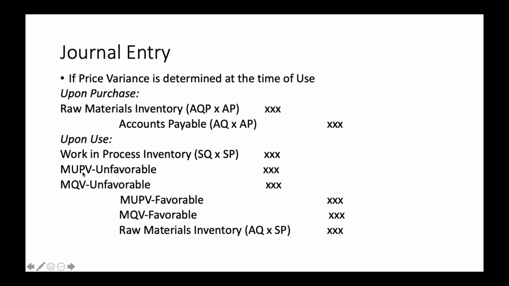The material usage price variance, if it is unfavorable, is debited. If it is favorable, then it's credited.